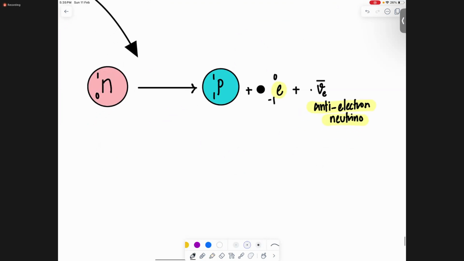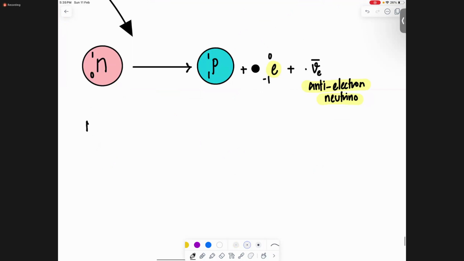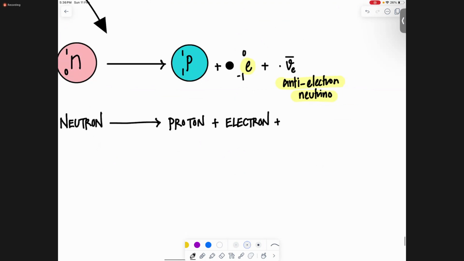So if you want to write this in words, a beta decay is when a neutron splits up into a proton plus an electron. And there's a conservation law, which we don't learn in Cambridge but do in Edexcel, according to which there has to be another particle that shows up, and that particle is called an anti-electron neutrino.